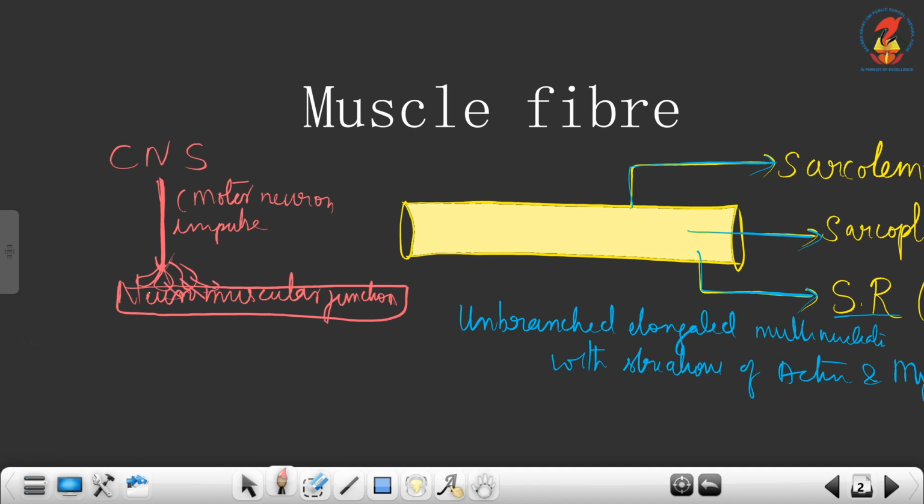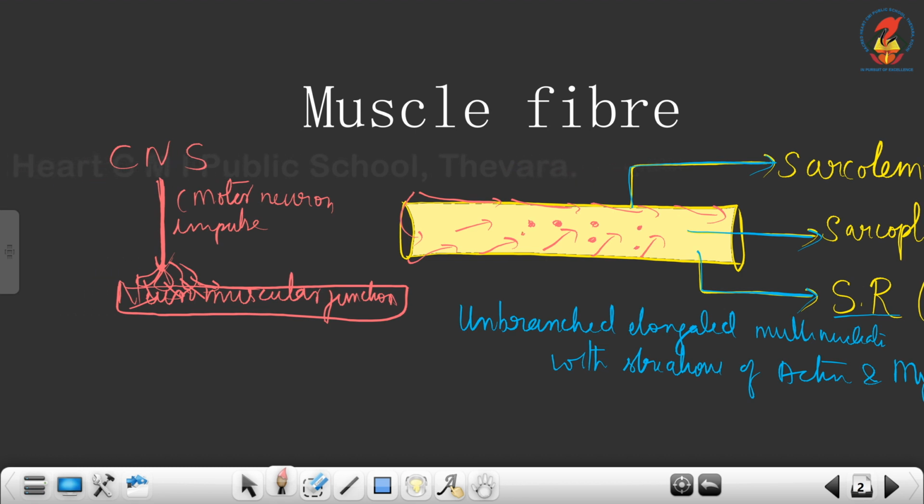It releases the neurotransmitter called acetylcholine, which initiates an action potential, and this action potential first propagates through the sarcolemma, then it enters the sarcoplasm and finally reaches the sarcoplasmic reticulum, which releases the calcium ions and then starts off the events.